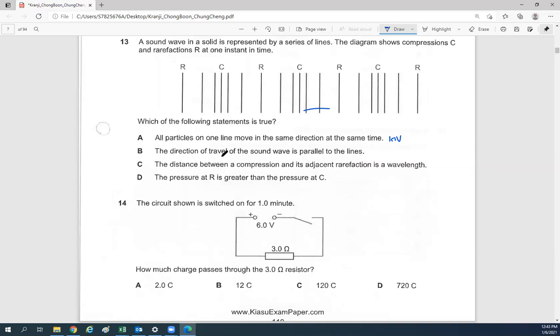So what you're saying is that the sound travels parallel to these lines. But we know that's not true. Sound is a longitudinal wave, and therefore the wave will travel here. Okay, so B is wrong.